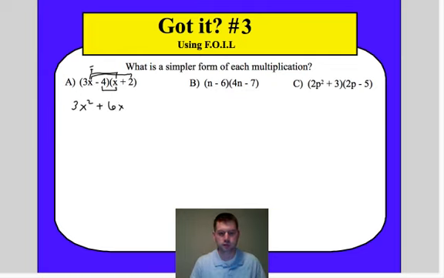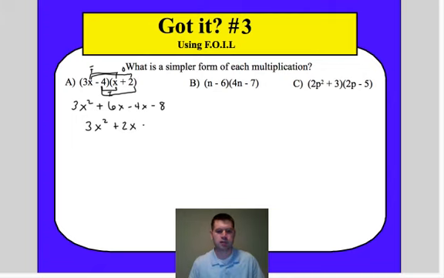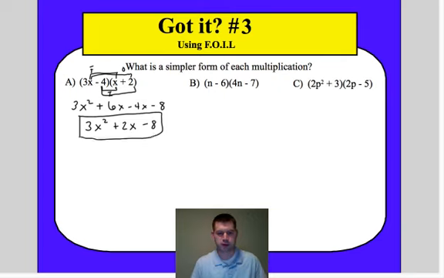Take my negative 4 and multiply it with the x, this is the inner, so that gives me a negative 4x. Then I take the last terms and get my negative 8. So I get 3x squared, and simplified, I get 6x minus 4x, which means I have a positive 2x, and then my minus 8. So we have now officially foiled that together.